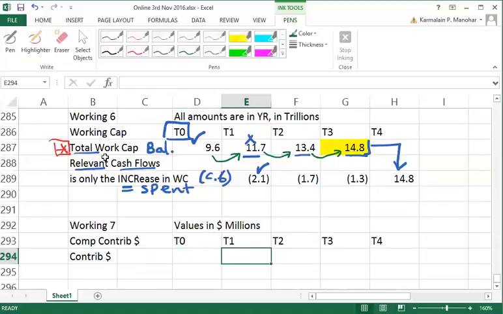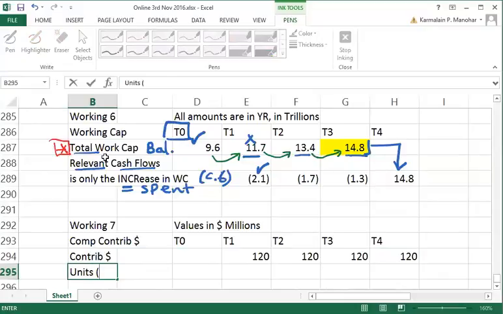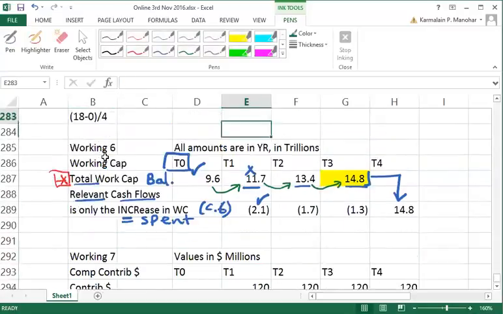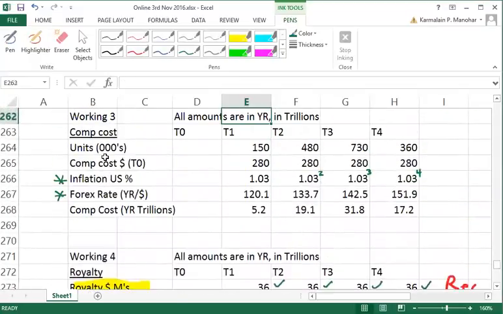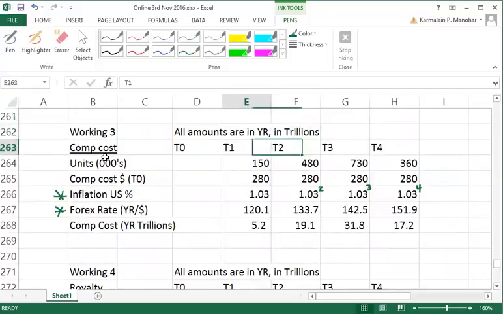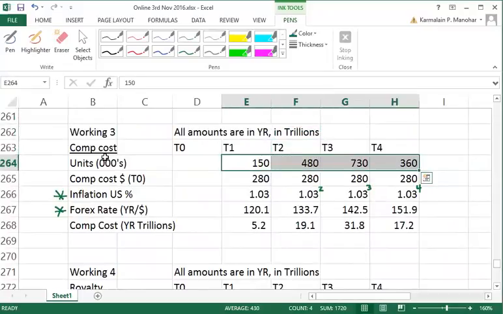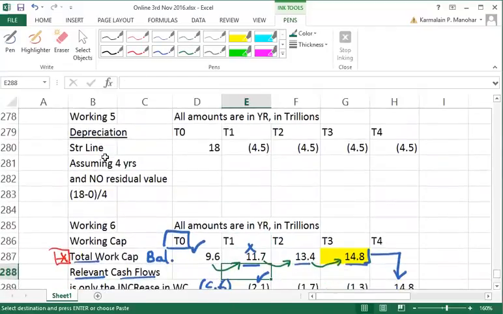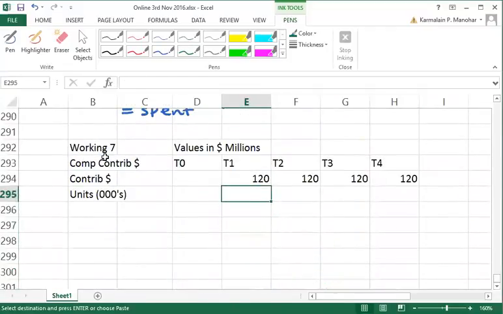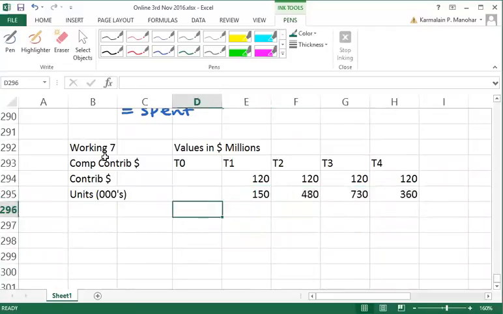Okay, now I'm at T0. 120, 120, 120, 120. Then the units, thousands. So units I have somewhere here. Copy that from here. Units in thousands are 150, etc. So that times that should give me a value in millions.